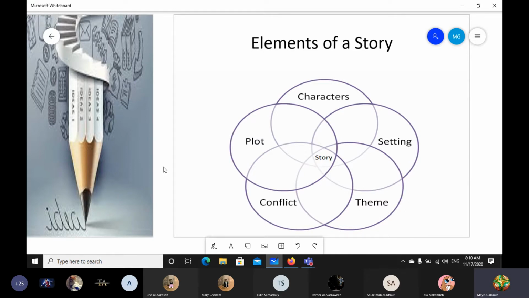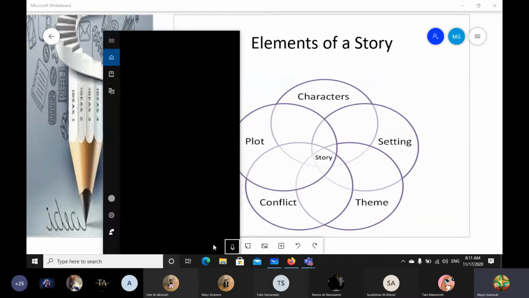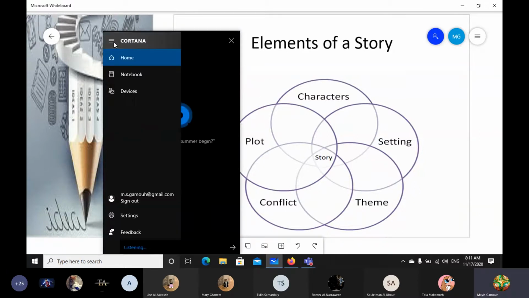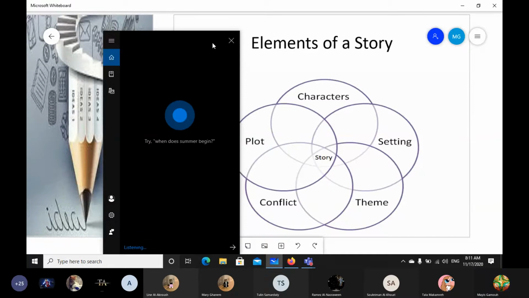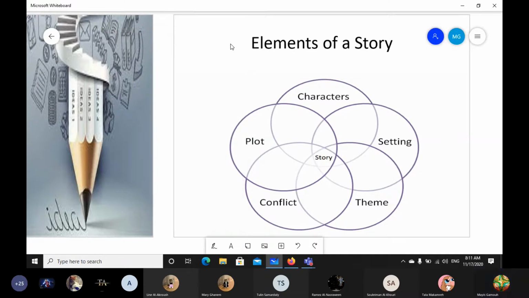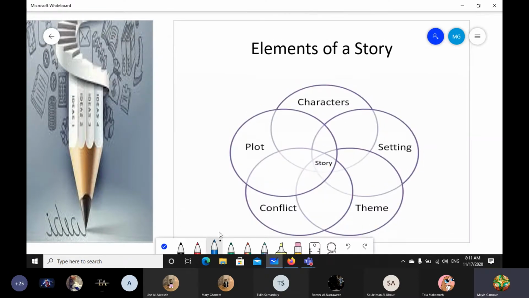To begin with, we have 5 elements of writing a story. My bad, here, okay. All right, the first element we are going to be introduced to is the characters.